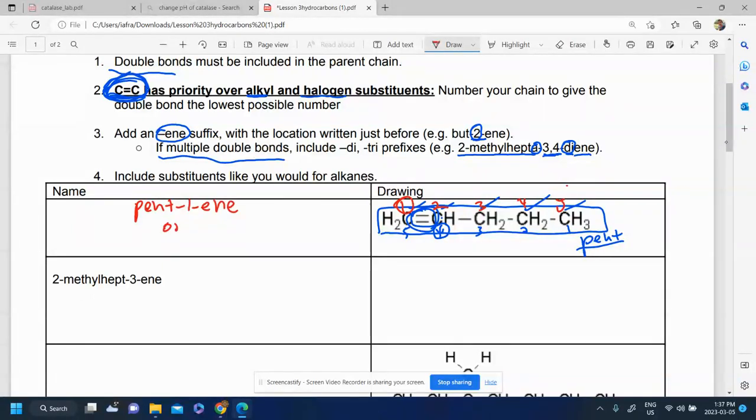You could have also written pentene, because when you have a double bond at carbon number 1, you don't have to write down that position since it would be implied. It's almost like when you write H2O, you don't write H2O1, you just write H2O, and that one is implied. So we have pent-1-ene or pentene. I accept either one. For someone who's just starting, it might be a good idea to include your ones just so you get into the habit of remembering to put the position of the double bond whenever you're naming or drawing in other situations.